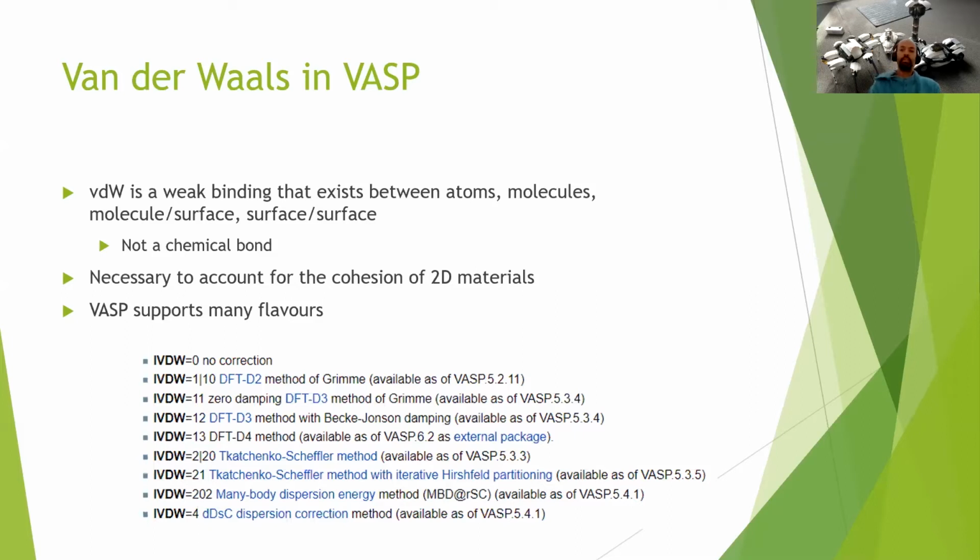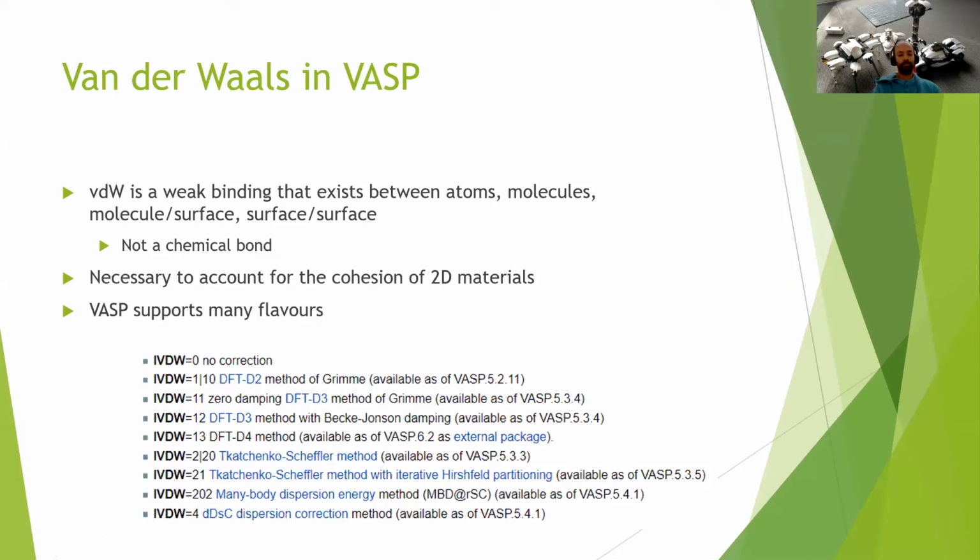So you can switch on van der Waals in VASP by using the IVDW tag. By default, it's 0 until you set it to one of those numbers. IVDW equals 1, or 10, switches on the DFT-D2. That's the D2 Grimme method. 11 switches on the D3, which is extremely popular, available starting from VASP 5.3.4, and has been tested across a very large number of materials and molecules, mainly molecules.